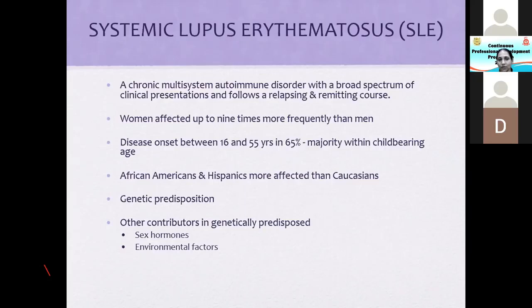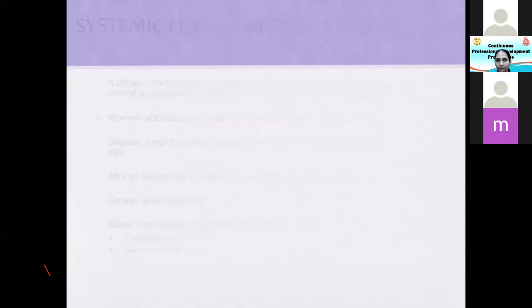Genetic predisposition is seen, familial clustering or higher incidence in first degree relatives of patients with SLE is seen, and other contributors would be sex hormones and environmental factors.